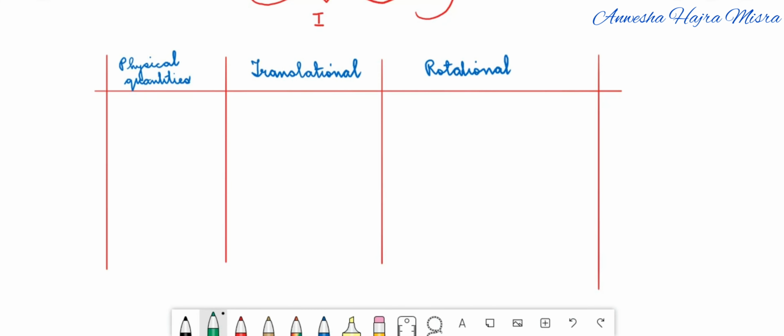From the beginning, first point, displacement. My translational was S, rotational was theta, and the relation between them was S is equal to R theta.